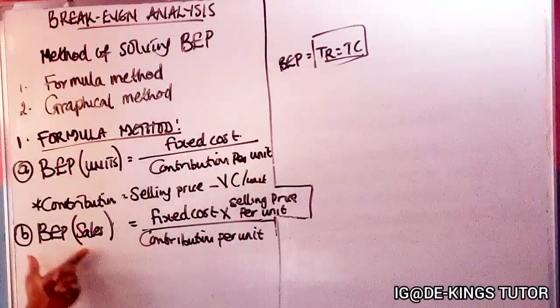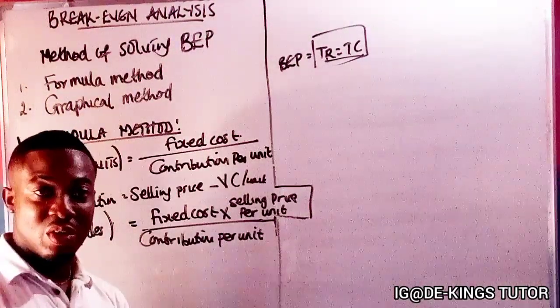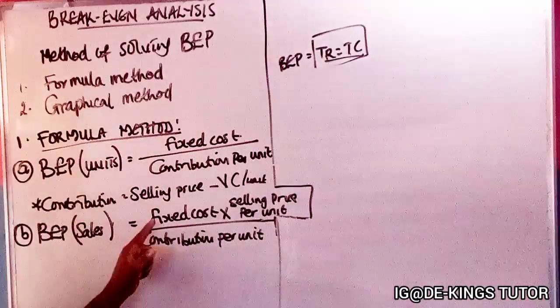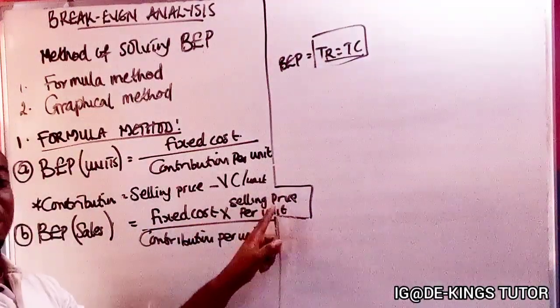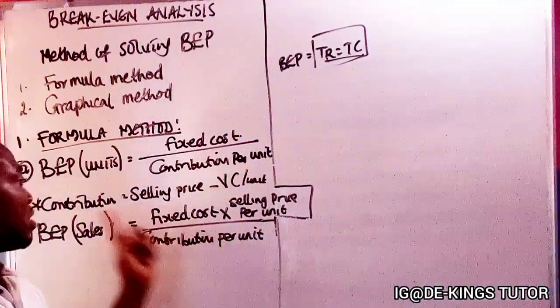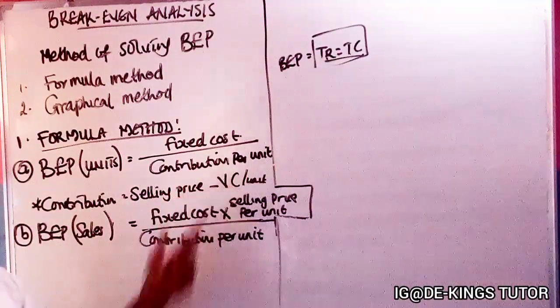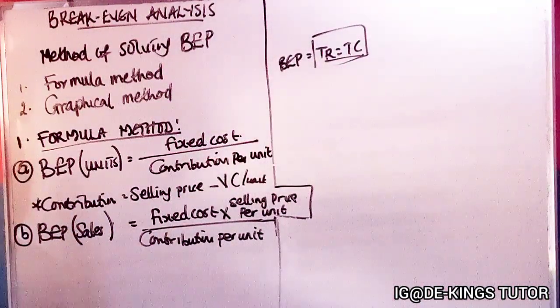Okay, this will give us the break-even point in sales value. So it is the fixed cost times the selling price per unit divided by what? Contribution per unit. We already know what contribution per unit is. So that is the break-even point in sales value.